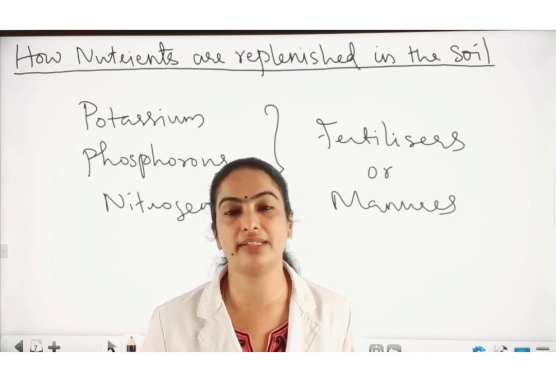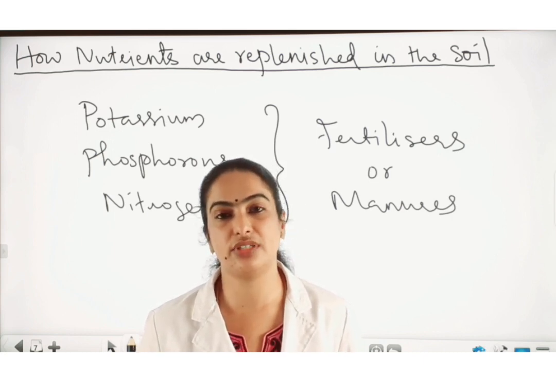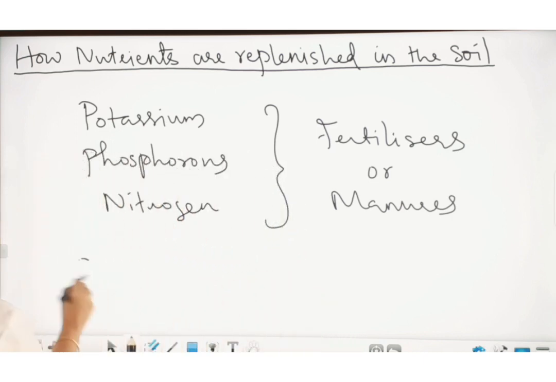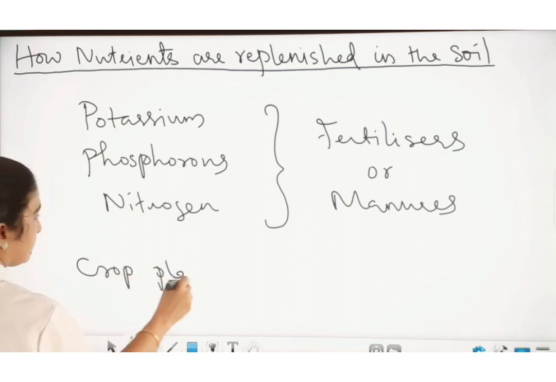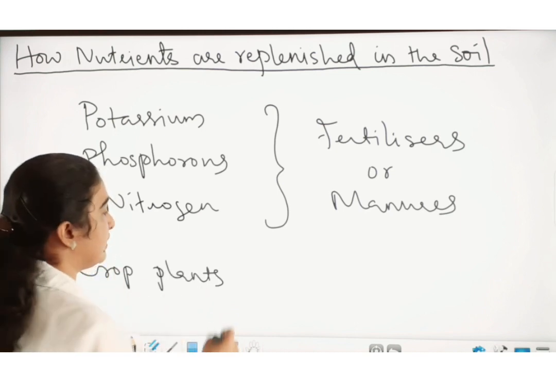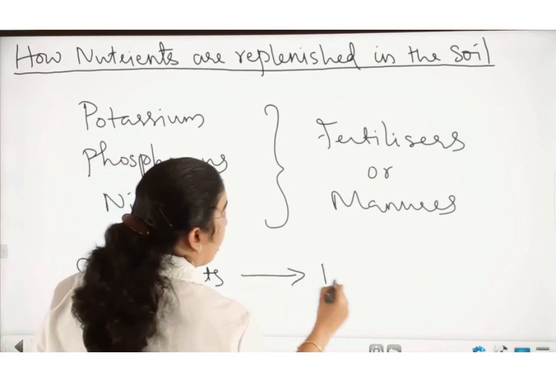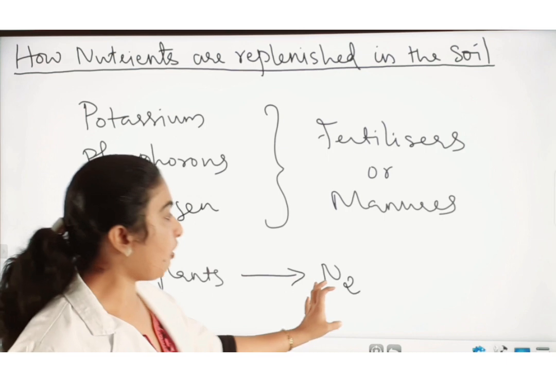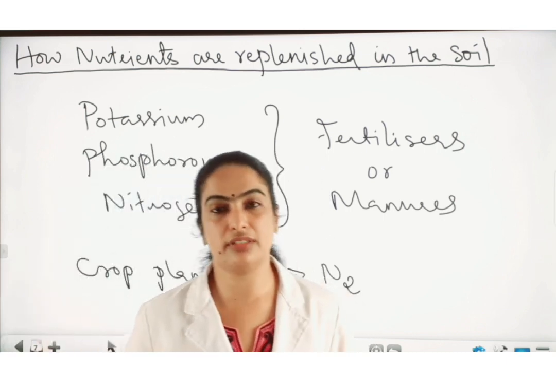Normally the crop plants are absorbing more nitrogen from the soil. So the crop plants such as wheat, rice, etc., cereals, they need more nitrogen. So that causes the deficiency of nitrogen in the soil.